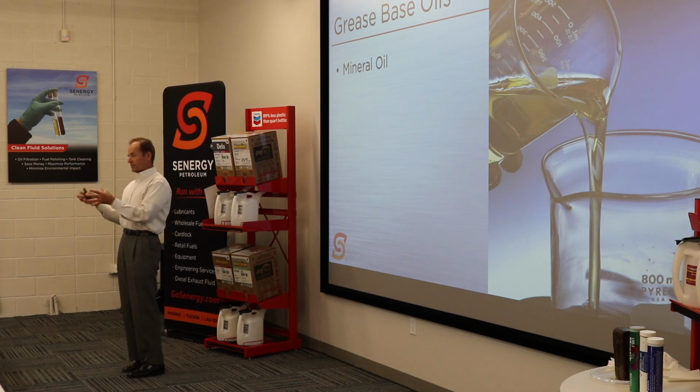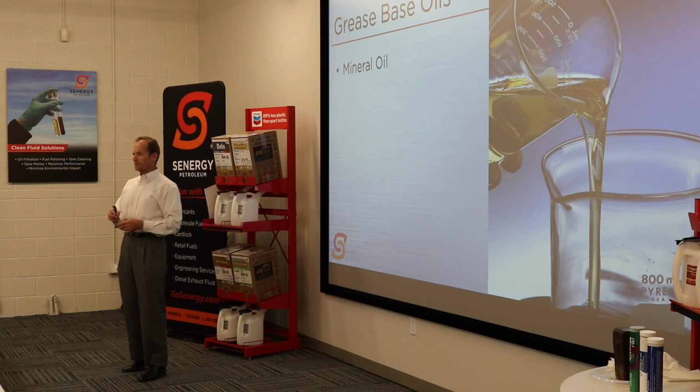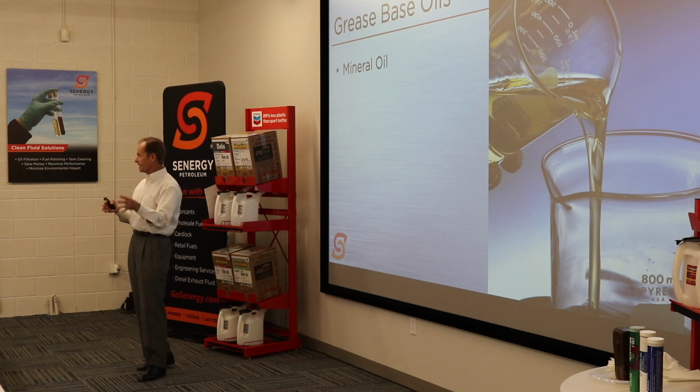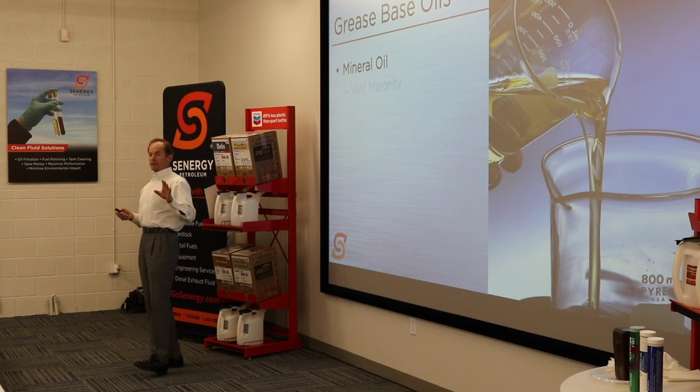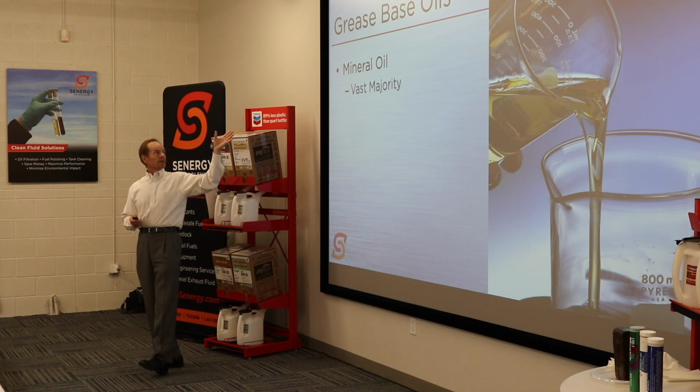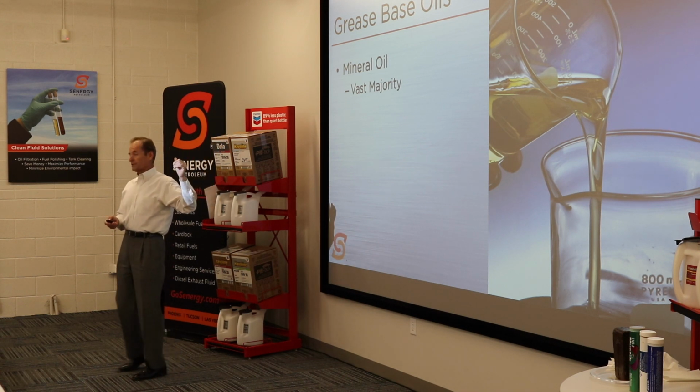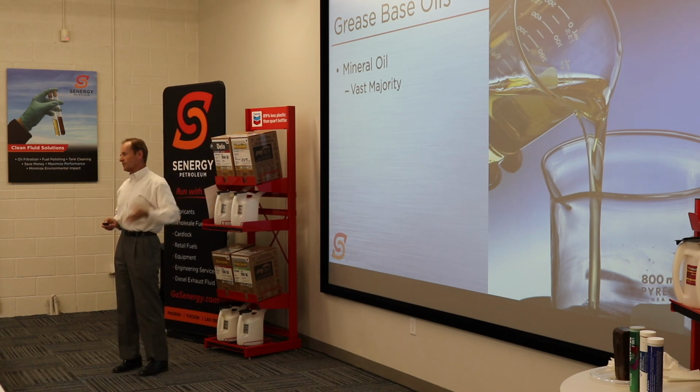Okay, the base oil, this is the slippery stuff, all right? Coming out of a refinery, it is just a clean, clear kind of oil, or slightly yellowed kind of oil. With mineral oil as opposed to synthetics, because you can use synthetics in greases, mineral oil makes up the vast majority of what's in greases, okay?